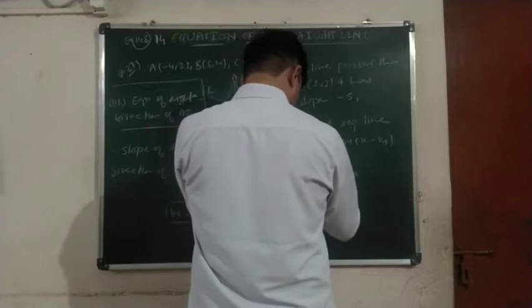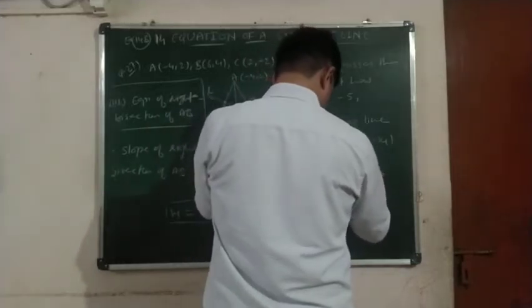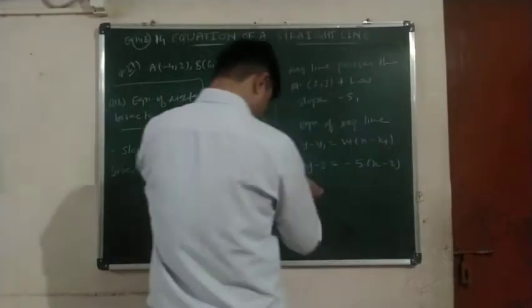Therefore y minus 3 is equal to minus 5 into x minus 2.